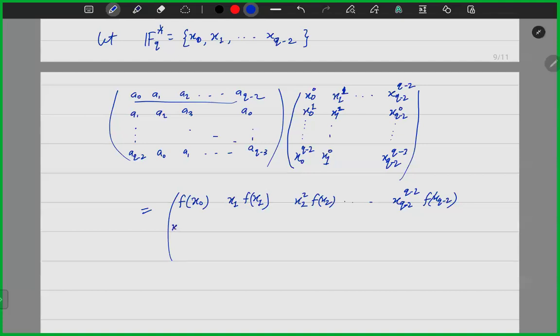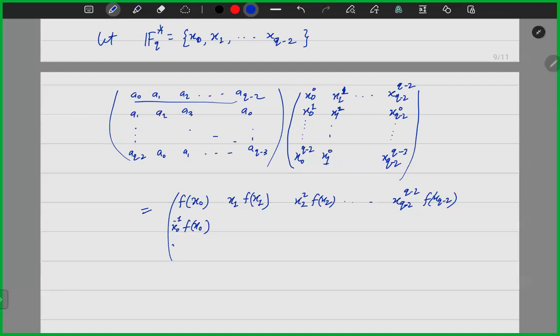So here, if you multiply by one more X0, then only you are getting your equation. So you should multiply by X0 inverse so that it becomes F(X0), and so on.